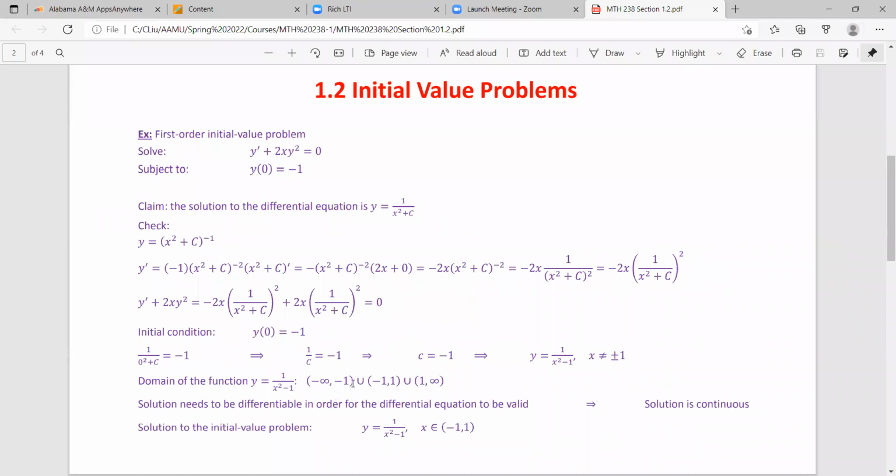From -infinity to -1, one part, not including -1. Remember, if we use parentheses, that means the endpoints are not included. So in the first interval, -1 is excluded. And then we have the second interval from -1 to 1. Again, -1 and 1 are excluded.